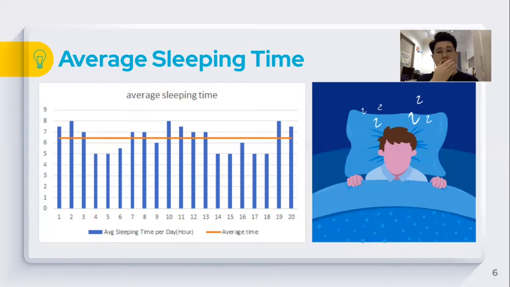And I think it'll be explained later on. But we can see how these variables, such as average sleeping time, average daily exercise, and daily dietary consumption, can also affect someone's height or weight.